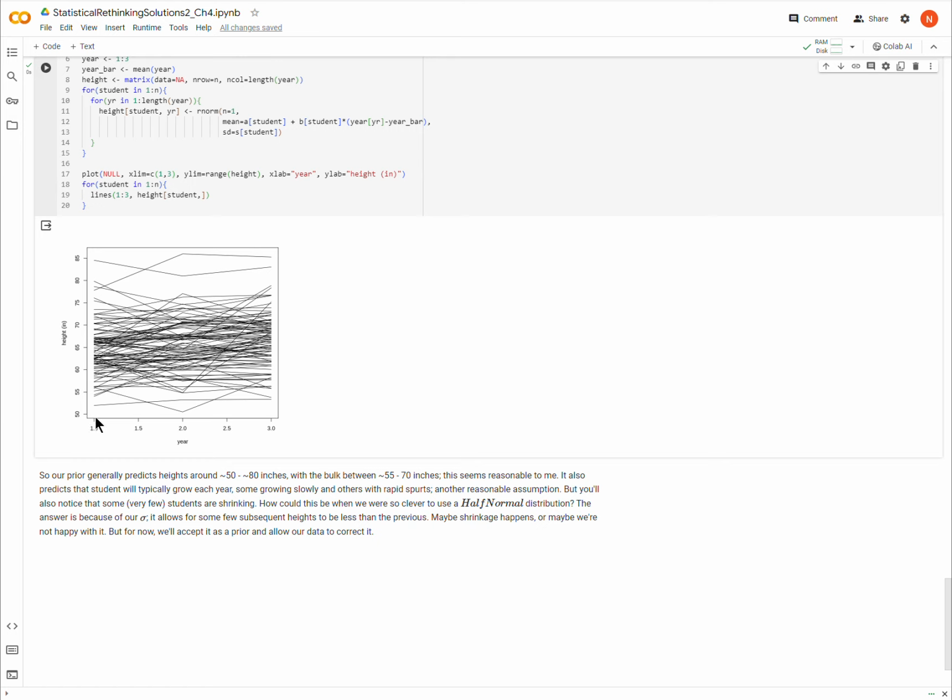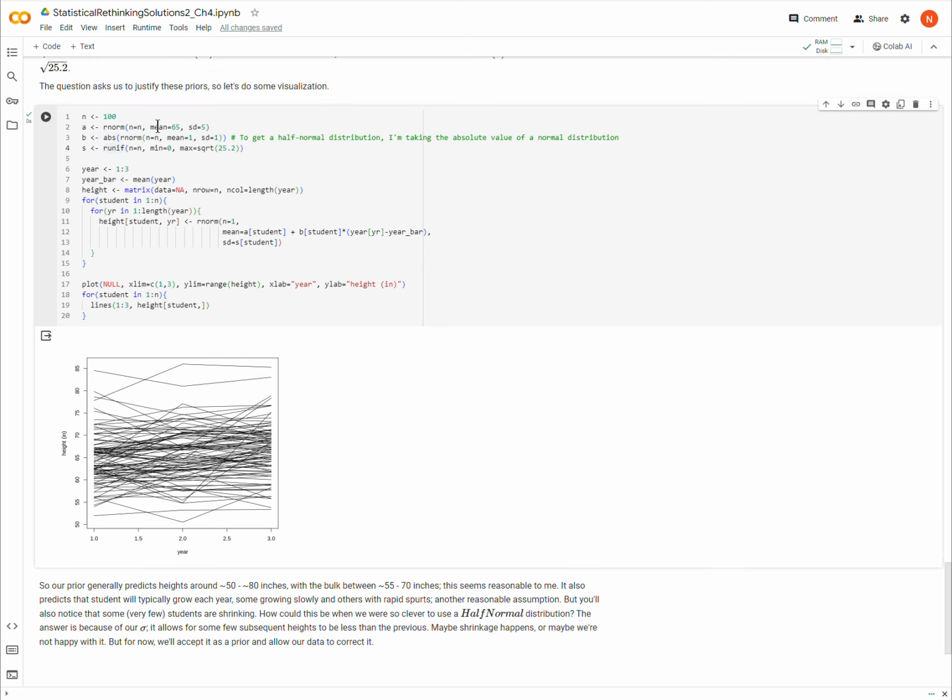So our model is predicting things somewhere around 50 to 85, and so that's a reasonably wide range, and it doesn't seem to exclude any probable values. And the bulk of it is around 55 to 70 inches, and to me that seems like a reasonable prior assumption.